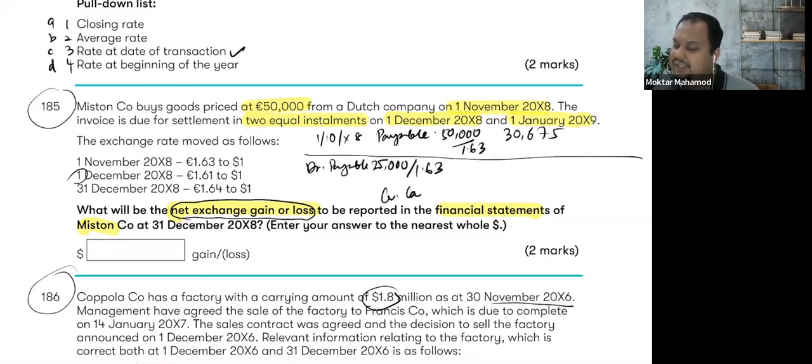But the credit cash, 25,000, he pays at 1.61, which is $15,578.